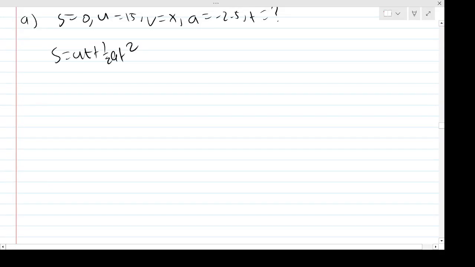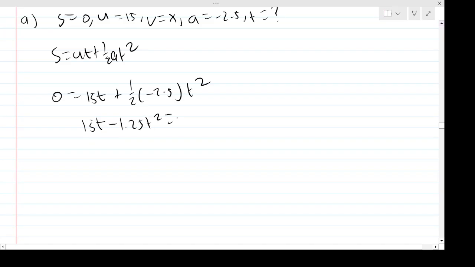Okay, so S is 0. Then ut is going to be 15t, add a half, lots of minus 2.5, lots of t squared. If I expand and simplify, I get 15t, then half of minus 2.5 is minus 1.25t squared, set to 0.